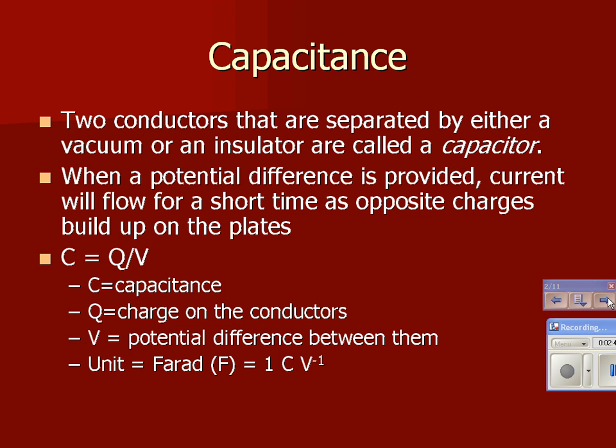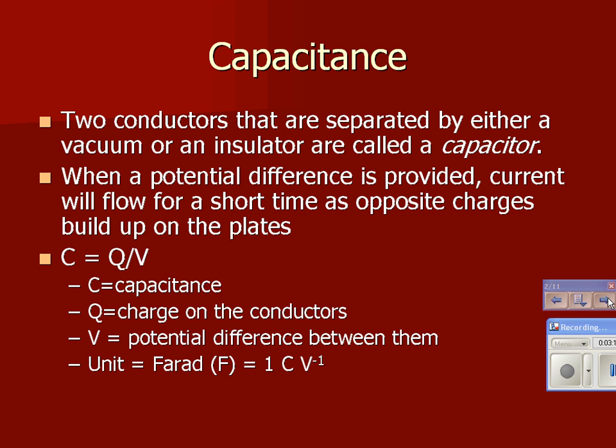So it's how much charge it takes to get how much voltage, basically, is known as capacitance. Coulombs per volt. And technically, that's a farad. The unit of capacitance is the farad, named after Michael Faraday. And a capacitance of 1 farad is actually very significant. That would cause quite a painful shock if you were to touch a capacitor that had built up that much capacitance. It would be tough.